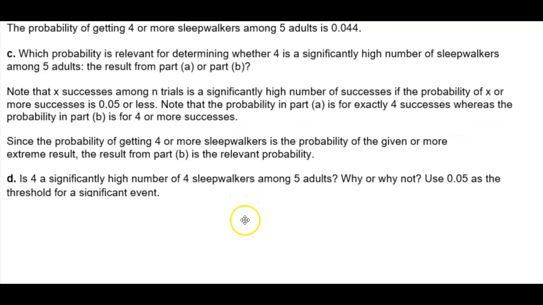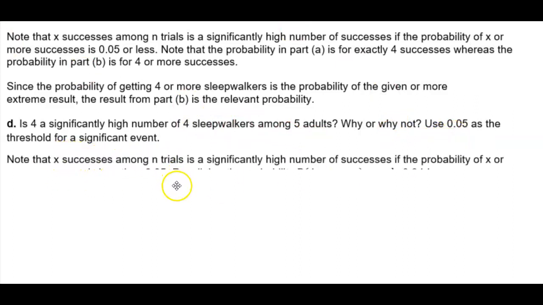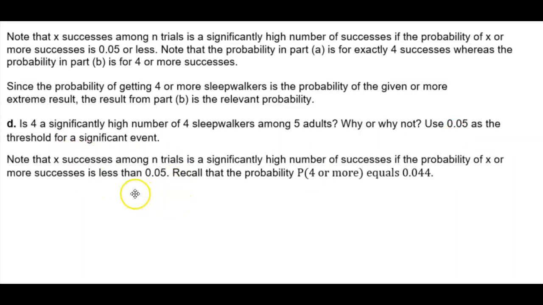Now in part D it says, is 4 a significantly high number of sleepwalkers among 5 adults? Why or why not? Use 0.05 as the threshold for a significant event. Note that X successes among N trials is a significantly high number of successes if the probability of X or more successes is less than 0.05.